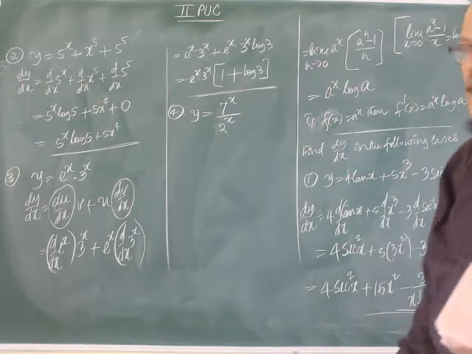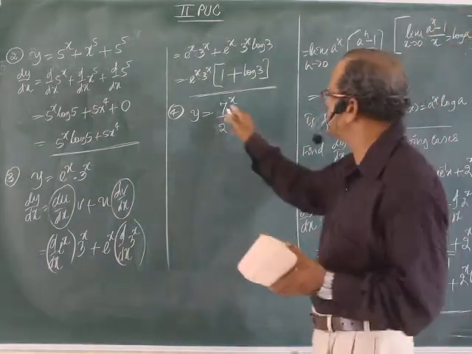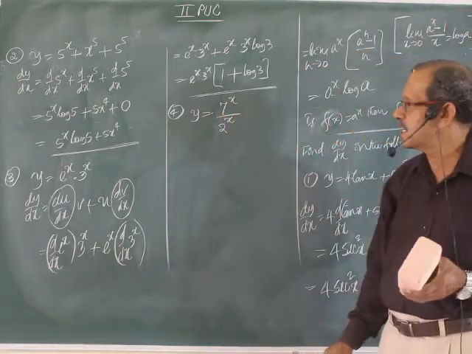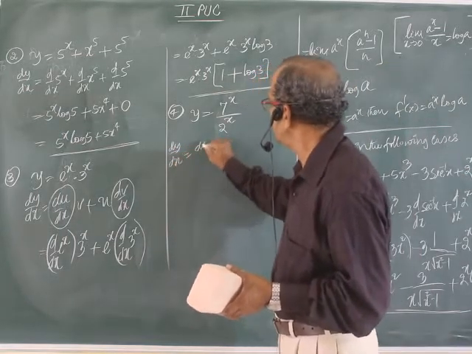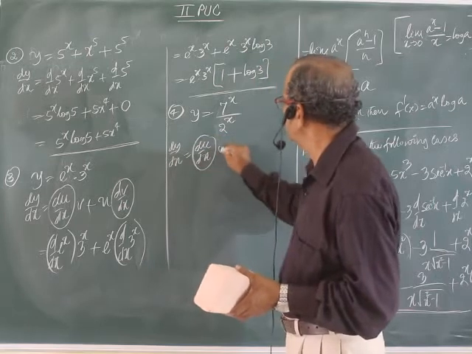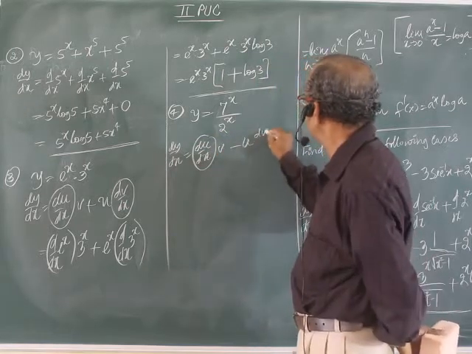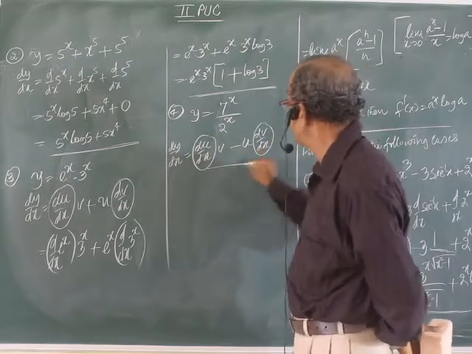Quotient formula in which you can take this exponential function a to the power x. dy by dx is du by dx into v minus u into dv by dx divided by v square.